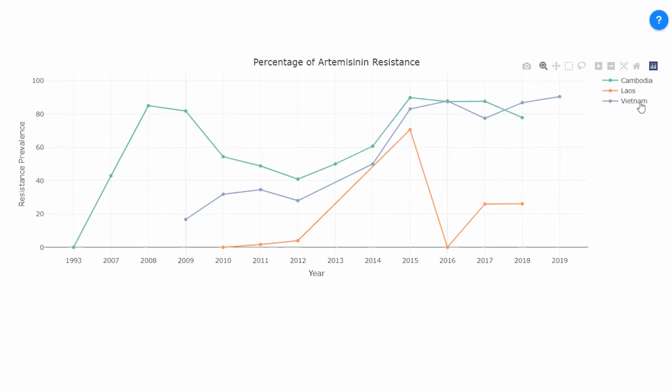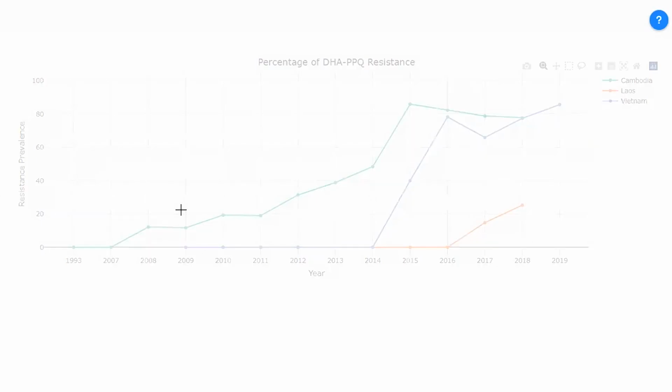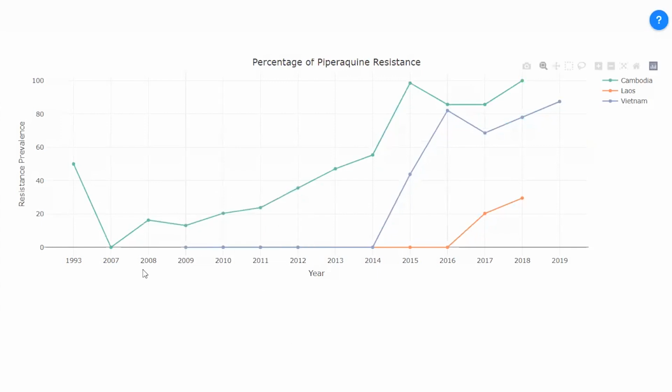Now let's look at piperaquine resistance. Cambodia is the first place that piperaquine resistance was detected in. And as we can see over the years, starting perhaps around 2014, this resistance had spread to neighboring countries, Vietnam and Laos.